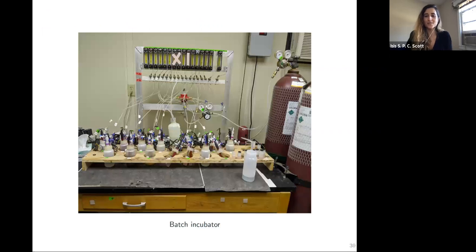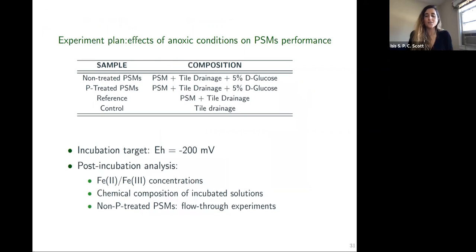This is how it looks like in real life. In our experiment plan, we incubated non-treated PSMs and treated PSMs, and the composition of both of these samples is similar. We had PSM, and then we collected tile drainage from a cornfield, and we also added a 5% solution of glucose.